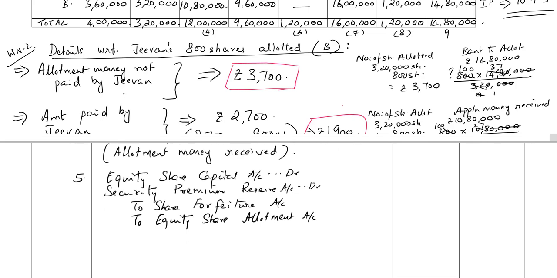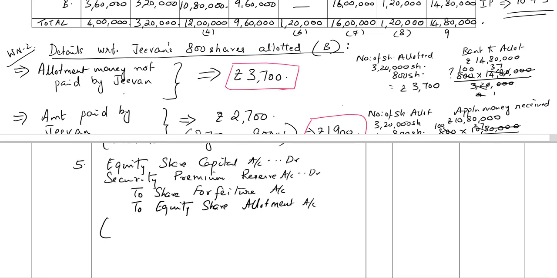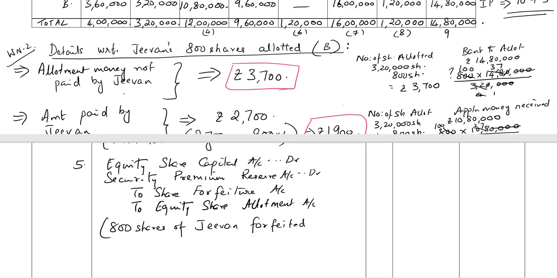This is for 800 shares of G1 forfeited for non-payment of allotment money.